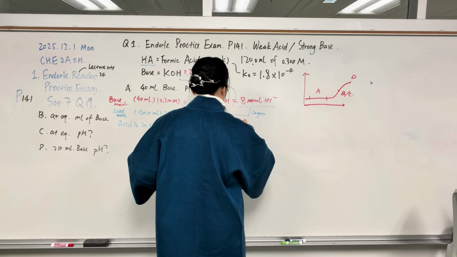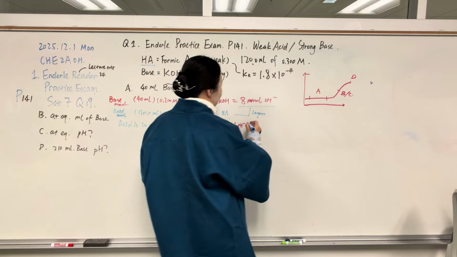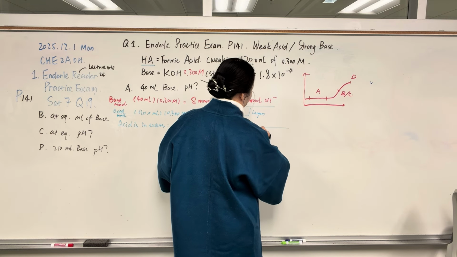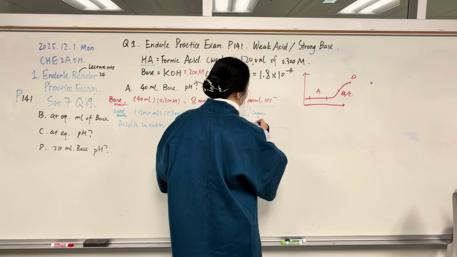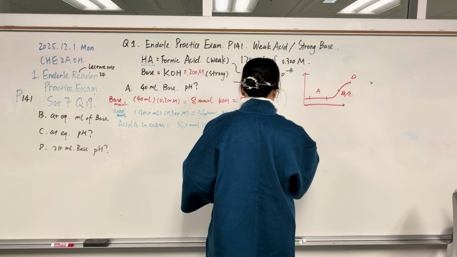I know your answer key just writes like this, but I want to be specific. There is a 1-to-1 ratio, which is whenever you use 1 millimole OH minus, you react with 1 millimole of HA.